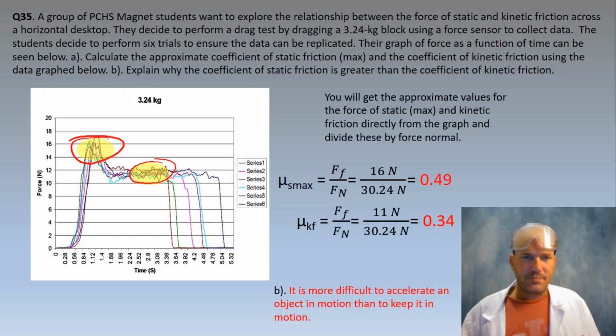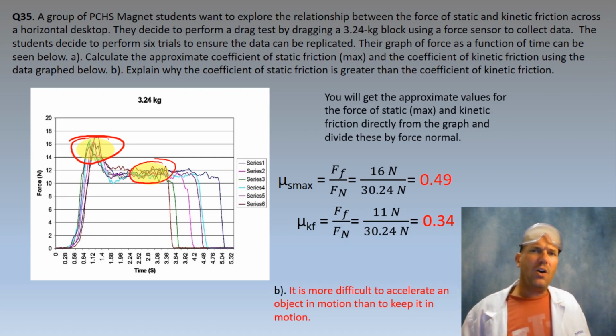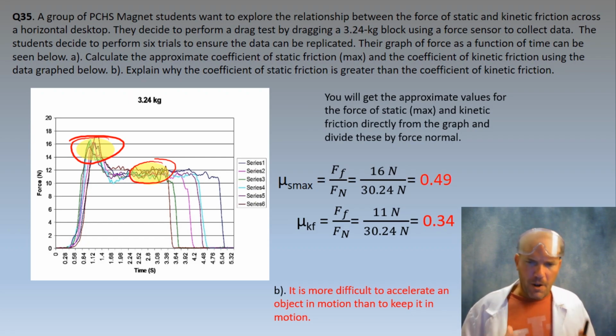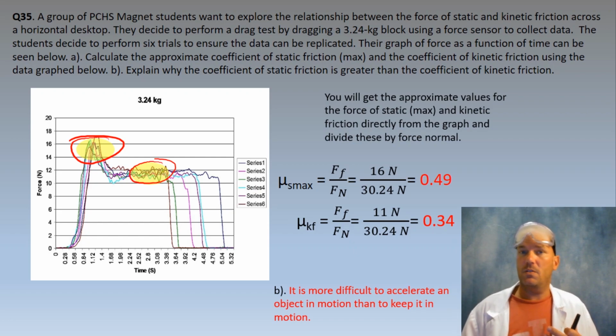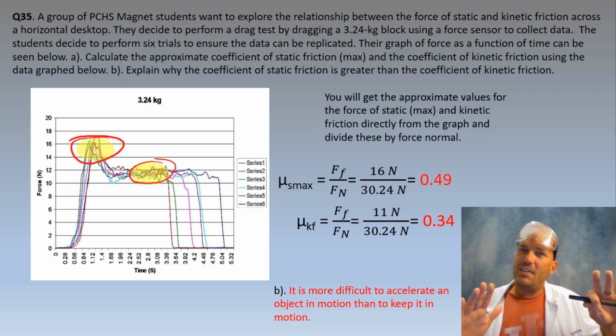Part B, explain why the coefficient of static friction is greater than the coefficient of kinetic friction. Well, it's much more difficult to accelerate an object and cause a change of state of motion from rest than it is to keep it in that motion. Picture me in class pushing on the desk.